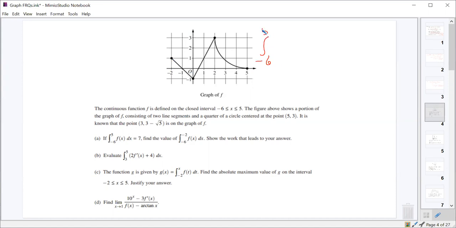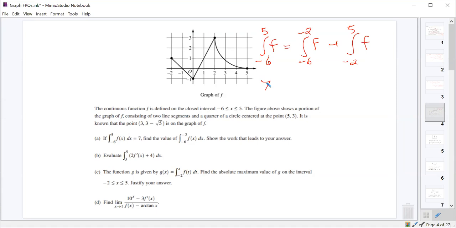So we know that the integral from -6 to 5 of f should be the integral from -6 to -2 of f plus the integral from -2 to 5 of f. Everybody agree with that? If I take -6 to -2 and -2 to 5 of the same curve, that should be -6 to 5 of that curve. Everybody agree there? Yes. Wonderful.